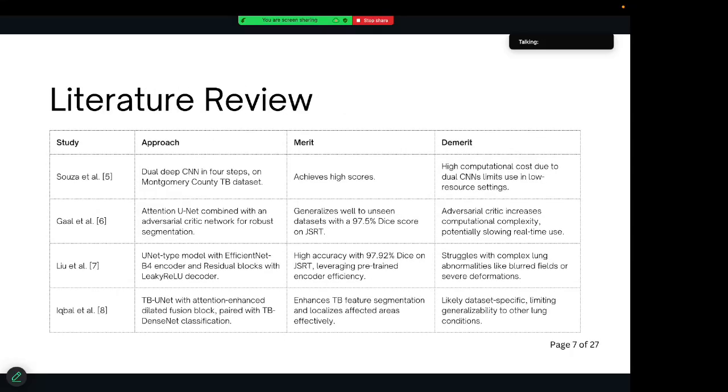These are the literatures that we reviewed before getting into this study. Almost all of them used CNN-based methods. Some of them used custom UNets. Some applied attention mechanisms. Even some applied their custom encoder-decoder based models.